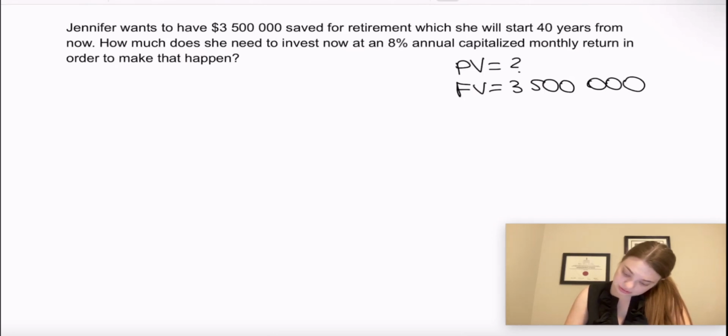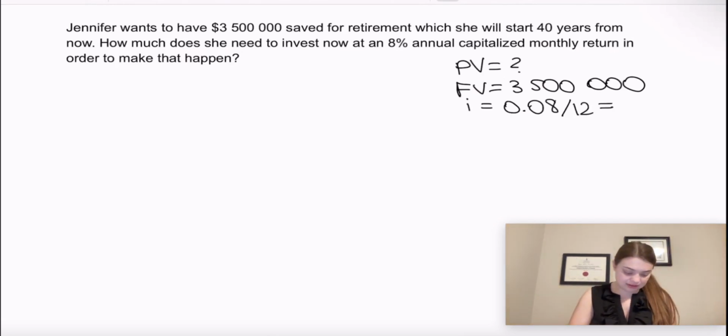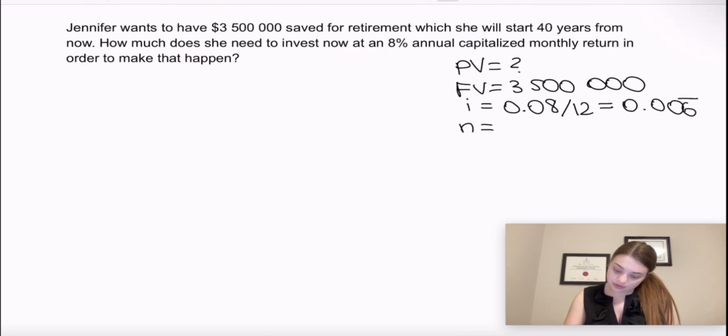Okay, the interest rate is going to be 8%. Now it is capitalized monthly, so I'm going to divide the annual interest rate by 12 and get that it is 0.006 repeating. And then n is the number of compounding periods. It's capitalized monthly, and it's for 40 years, so that would be 40 years times 12 compounding periods per year.